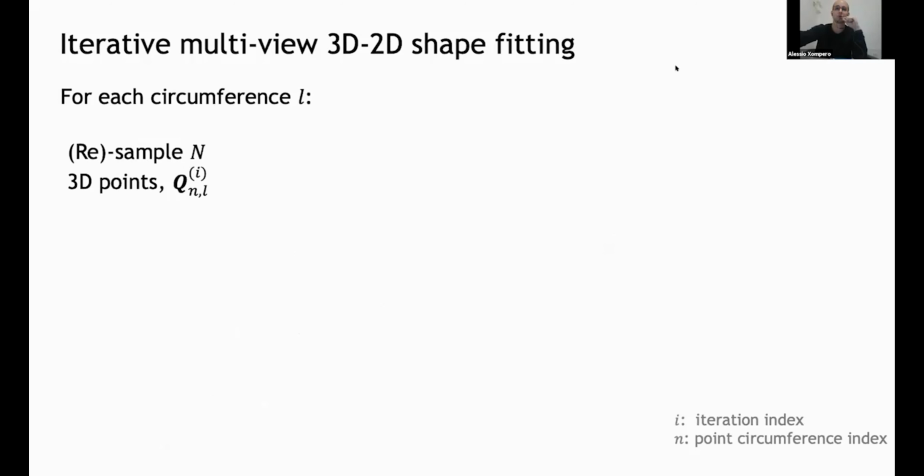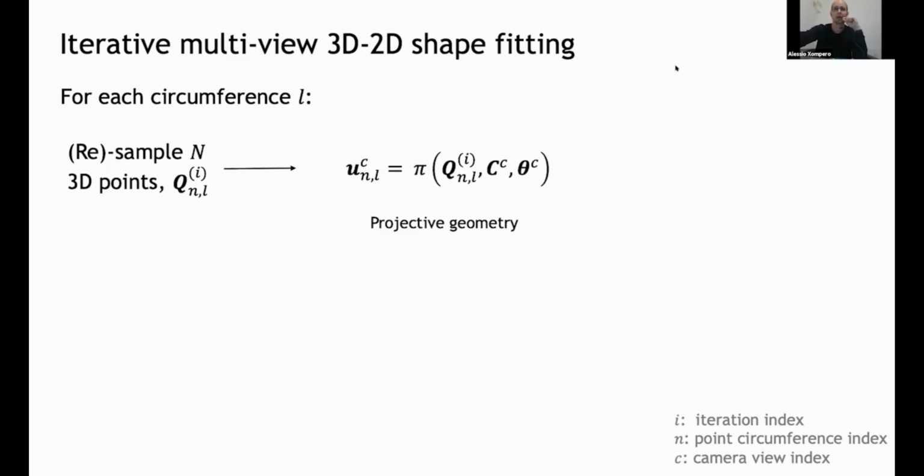So let's go more in detail on what we call here iterative multi-view 3D-2D shape fitting, where we exploit this 3D hypothesis and we verify the hypothesis in the object mask of both views. So for each circumference L, what we do is to sample n 3D points, and exploiting the camera poses and the calibration parameters, we project the points of each circumference in each view, in each image.